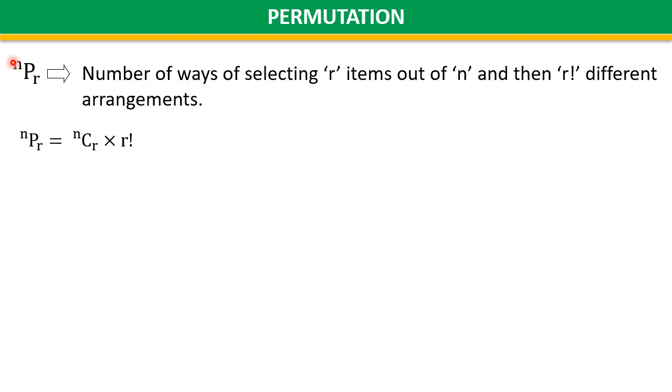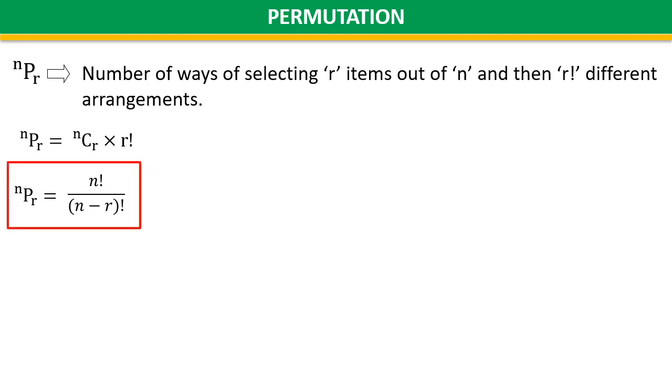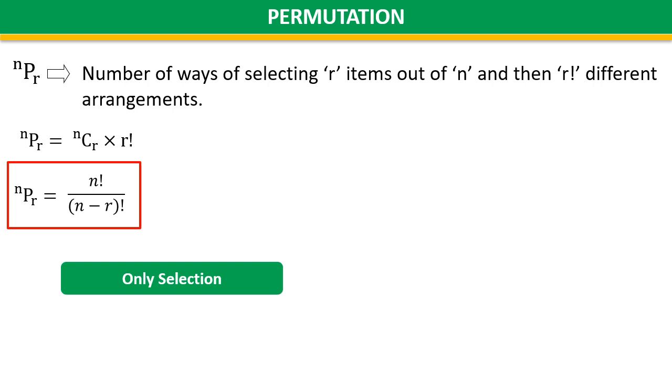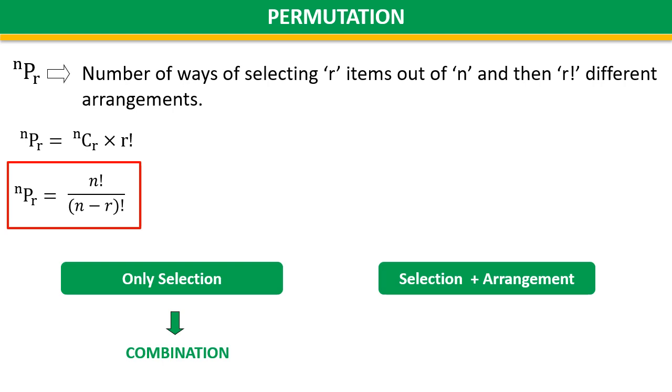So if we write this expression, nCr equals n factorial divided by (n minus r) factorial into r factorial, and multiplied by r factorial, the resulting mathematical expression for permutation will be n factorial divided by (n minus r) factorial. So simplifying this, when you have to do only selection, you will go for combination. But when you have to do selection and arrangement, you will apply the formula of permutation.